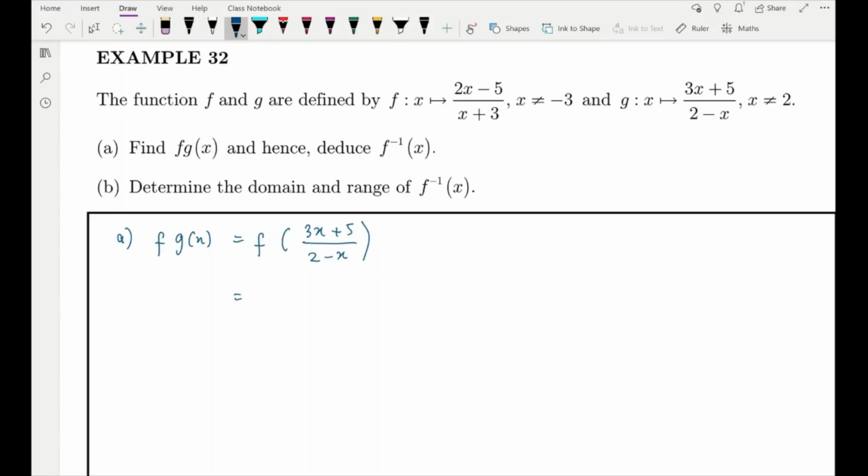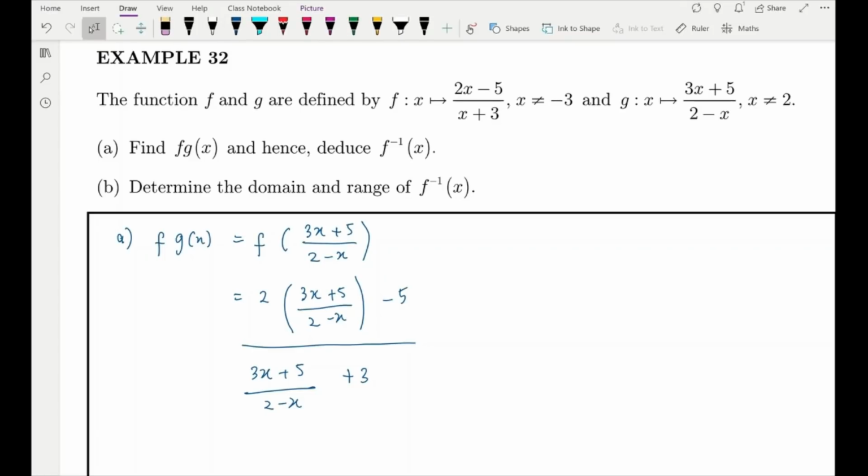And then substitute into f. So you can get 2 times (3x plus 5 over 2 minus x) minus 5, over (3x plus 5 over 2 minus x) plus 3.